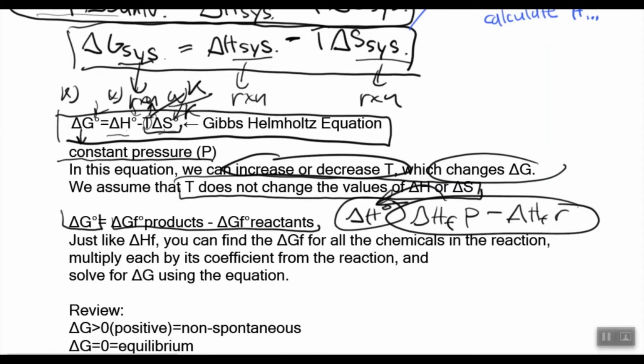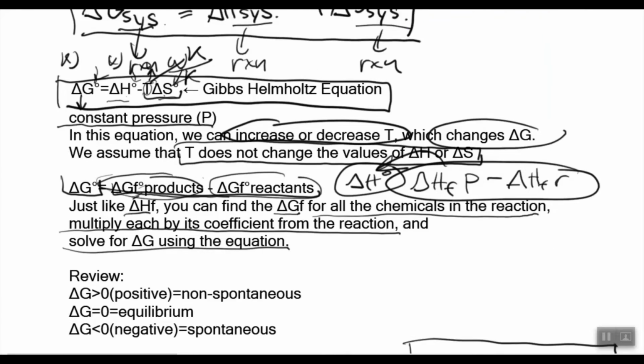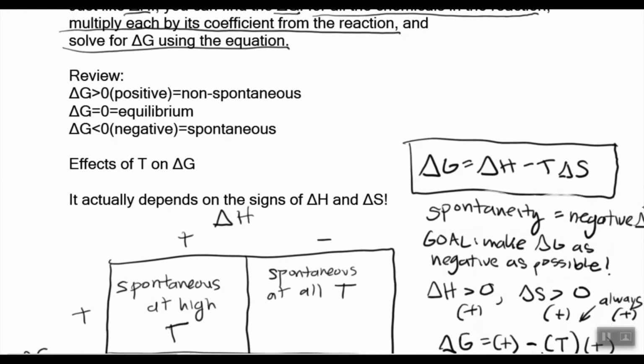The ΔG⁰ is equal to the ΔG of formation of the products. So you're going to add everything up minus the ΔG of formation of the reactants. And just like ΔHf, or the heat of formation, you can find the ΔGf for all the chemicals in the reaction, multiply each by its coefficient from the reaction, and solve for G. Now we will do an example later on, so let's just keep that in the side of our brain and let's move on.